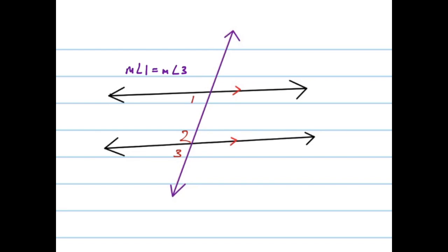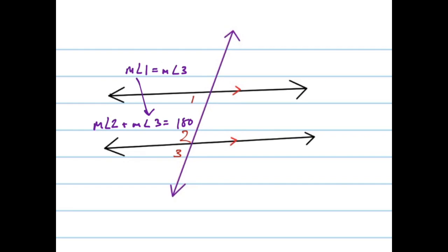And I know that the measure of angle 2 plus the measure of angle 3 equals what? Equals 180. Why? Because they're vertical. Nope. They're supplementary because they are a linear pair. And then I can use substitution to replace the measure of angle 3 with the measure of angle 1.